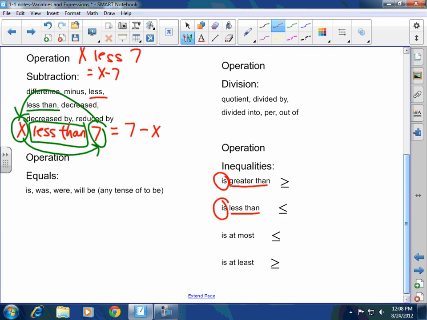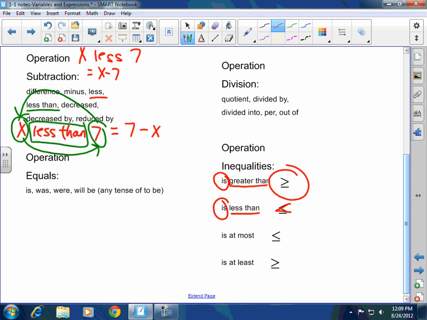So when I say is greater than, we're talking about greater than or equal to, depending on how they write it. If I say is less than, then it's less than, because it's is.